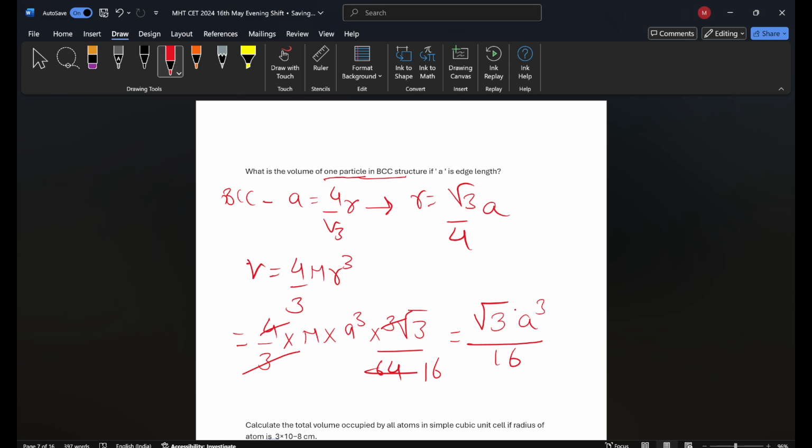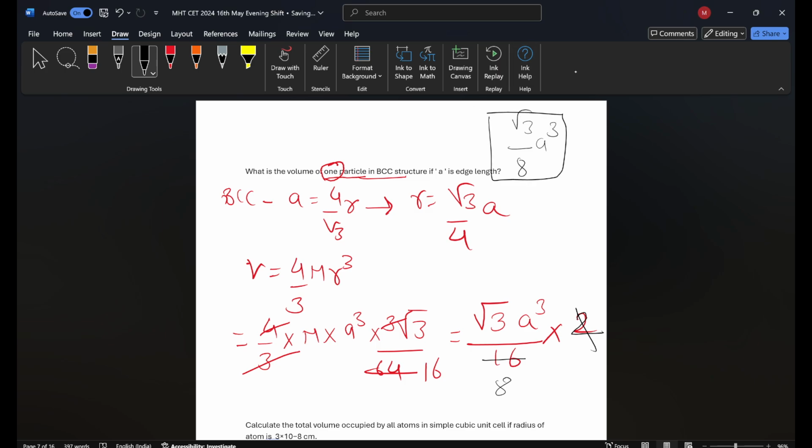Okay, and I think as it is mentioning that volume of one, just look at this. This is the trick. One particle in BCC. Many students, what happens, even this would have happened with me also. I would have multiplied it by 2, because I know BCC structure there are two atoms, so I'll multiply it by 2, so I'll cancel this 16 out. Then the answer would be root 3 by 8 a cube, and this is the option.